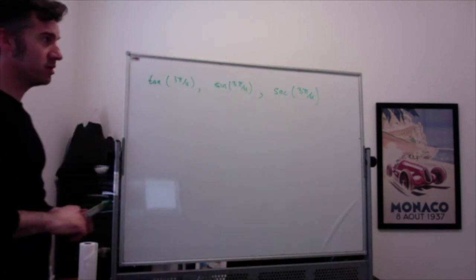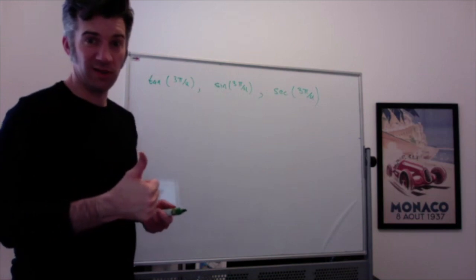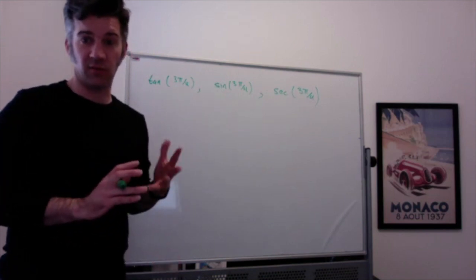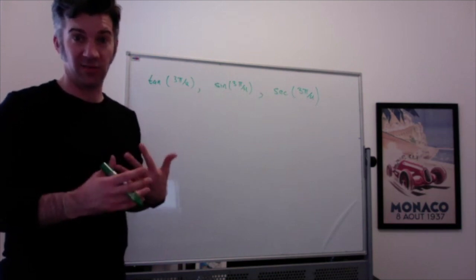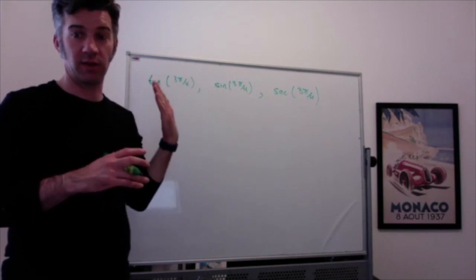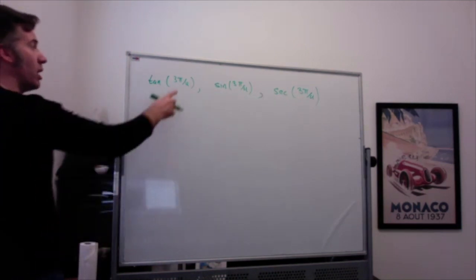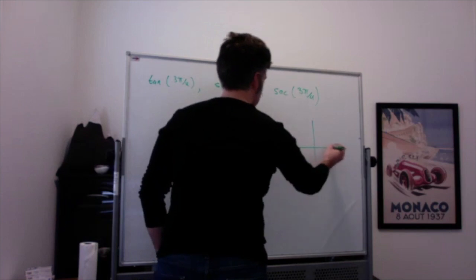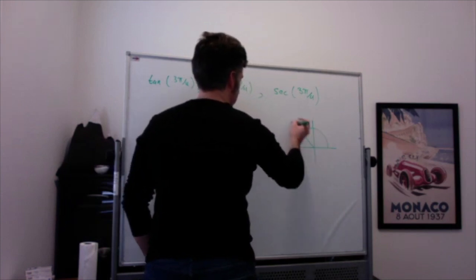All right, so we know we're not in quadrant 1 because that's just pi over 4. I should say also the angles in the first quadrant are always reference angles because they're always between 0 degrees and 90 degrees, or 0 radians and pi over 2 radians. This is in quadrant 2. We're living the quadrant 2 life right there.